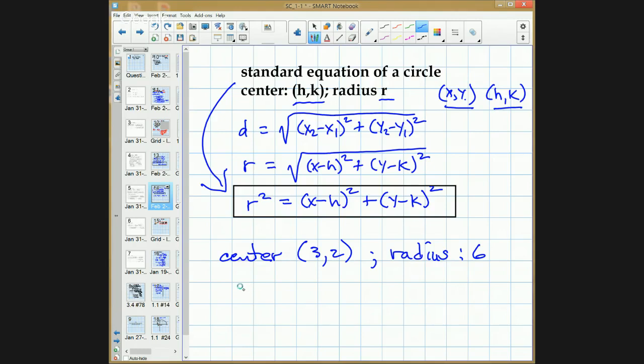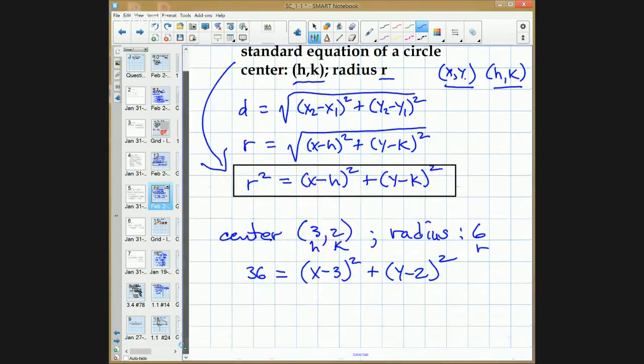Radius 6 squared, so this would be 36. So in other words, this is your H, that's your K, and that's your R. And you just plug them in, boom, there's the equation of a circle whose center is at 3, 2, and whose radius is 6.